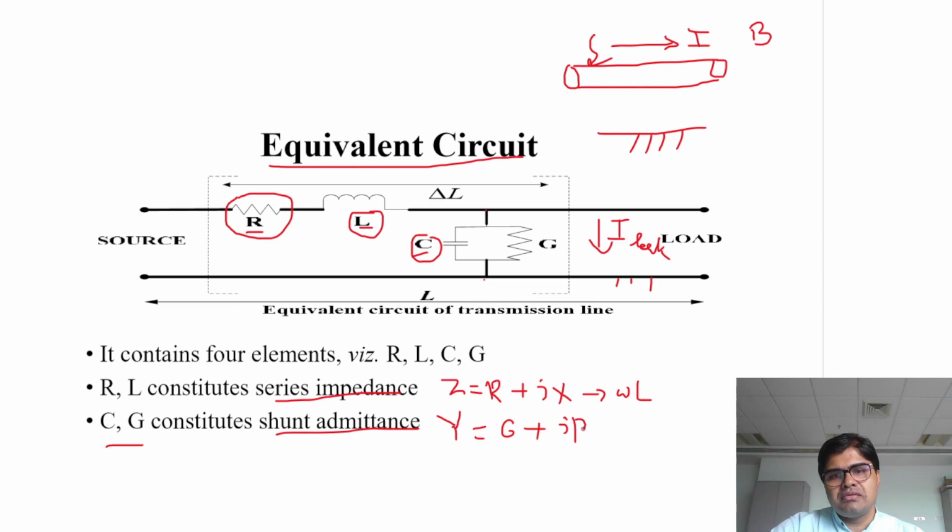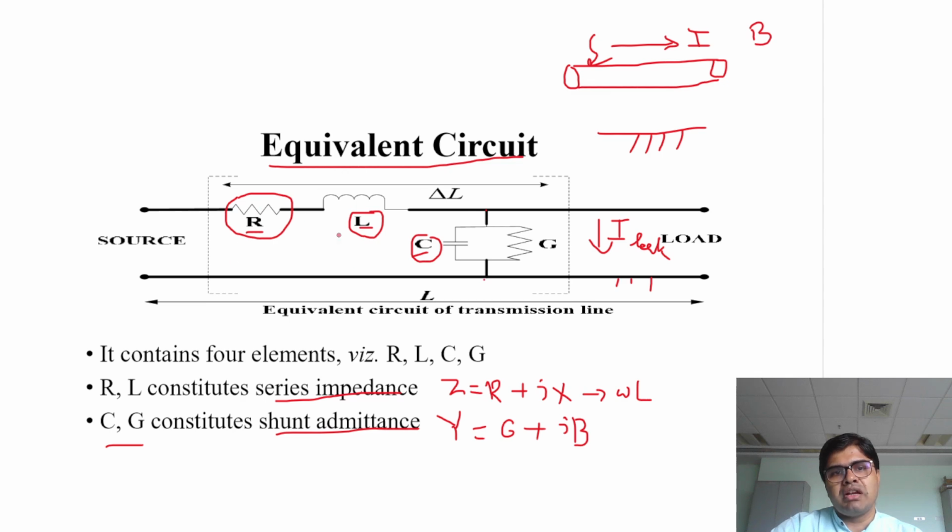So again, a conductor is carrying current. By the property of the material itself, it will offer some resistance. In addition to that, a current will be flowing, so a magnetic field is created. In order to account for that, an inductance will be formed.